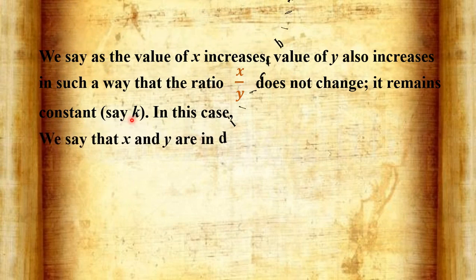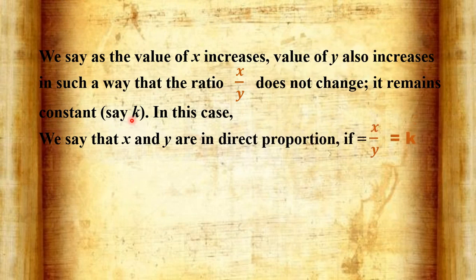We say that x and y are in direct proportion if x upon y is equal to a constant, k. Or, by cross multiplication, we get x is equal to k into y.